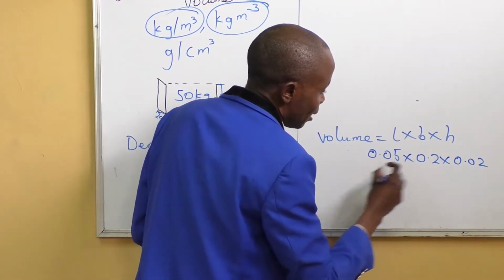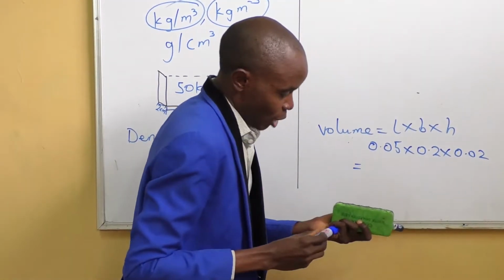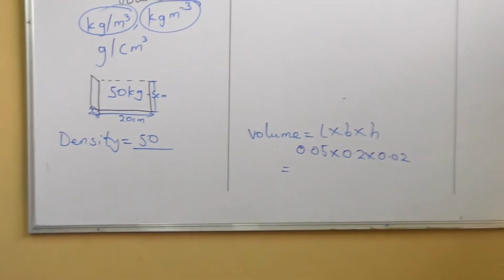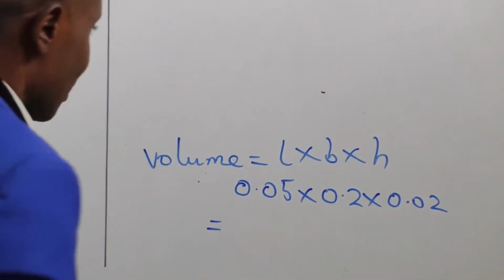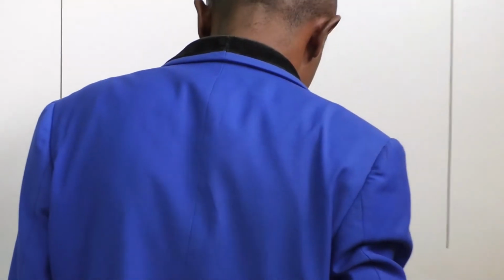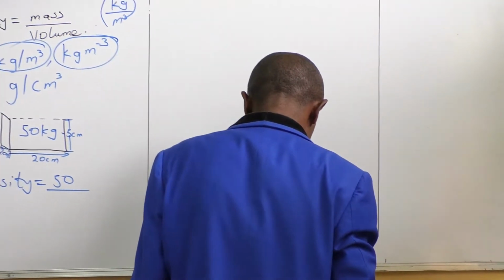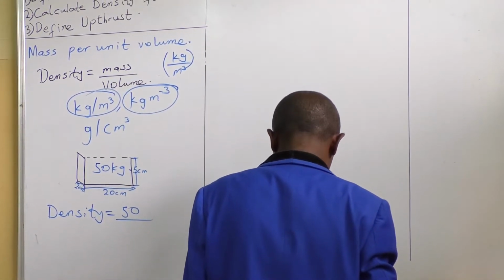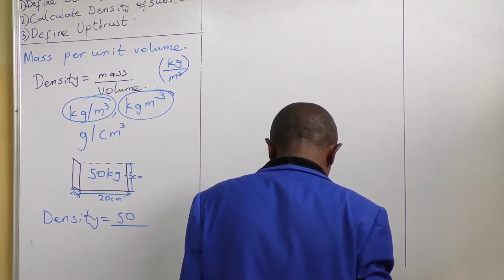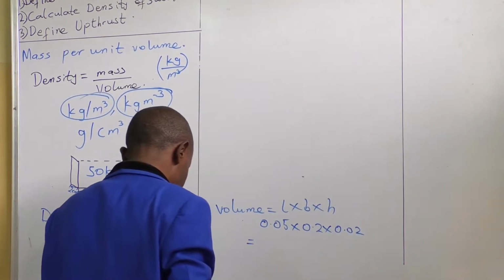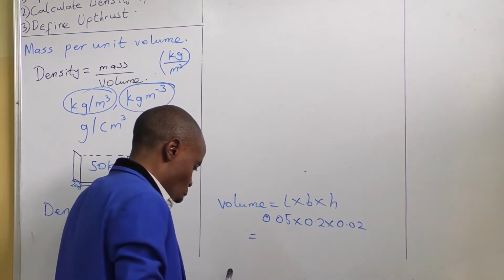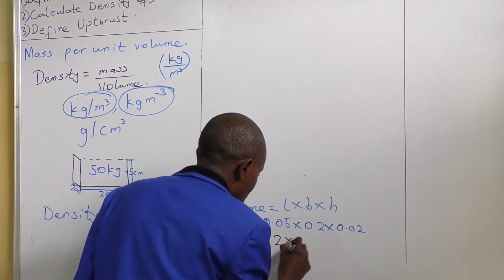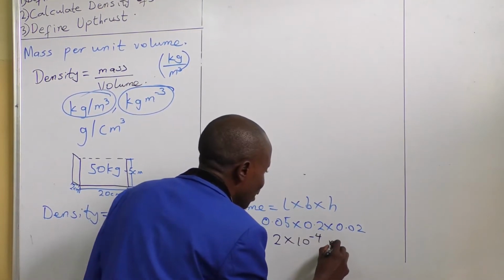If you multiply all of this out, 0.05 times 0.02 times 0.2, that gives us 2 times 10 raised to the power minus 4 meter cube.